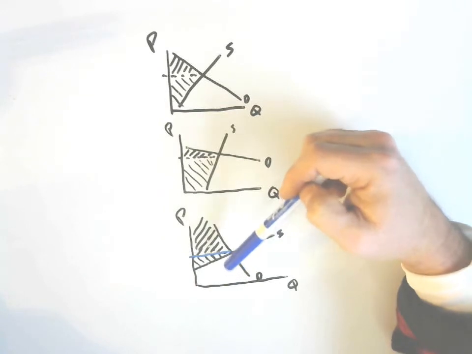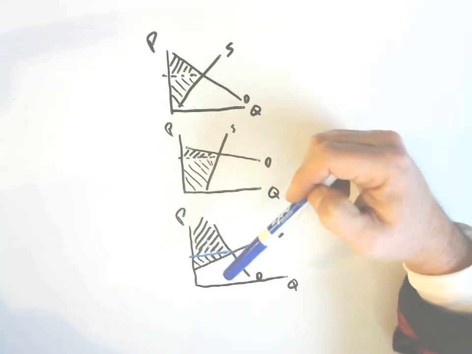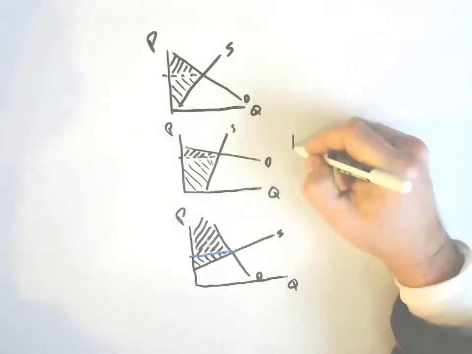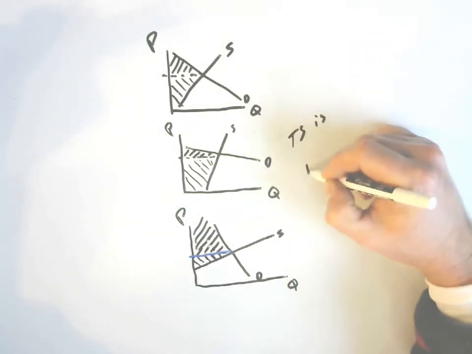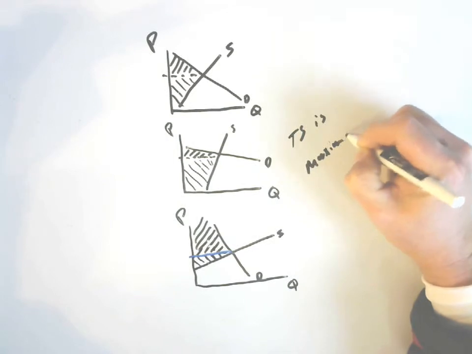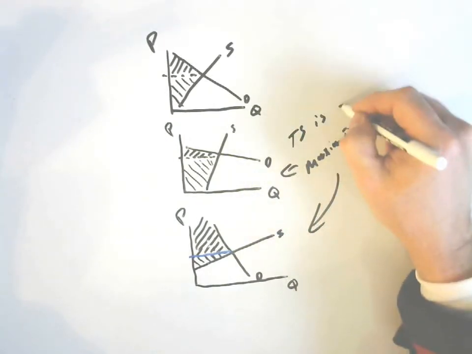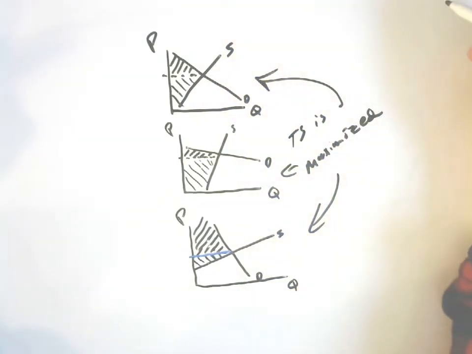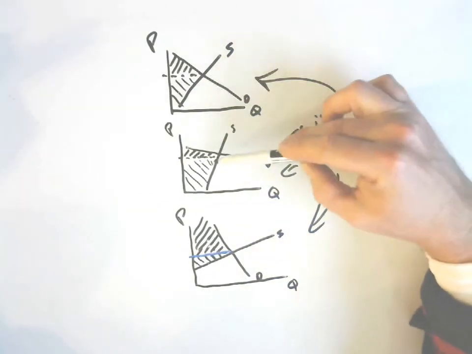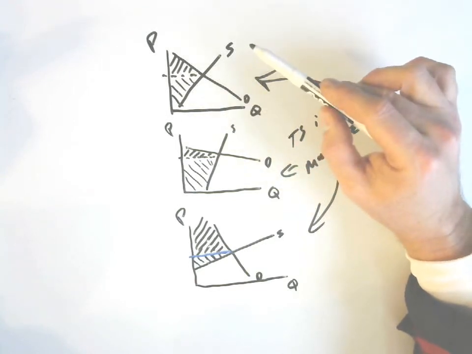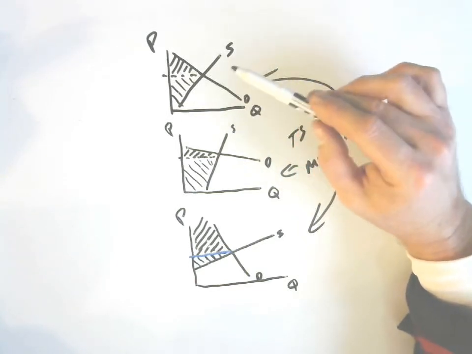Is the market fully efficient? In other words, is total surplus maximized? And total surplus is maximized in every instance, meaning that every market is fully efficient, regardless of the distribution of producer and consumer surplus.